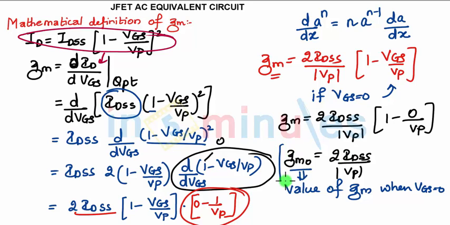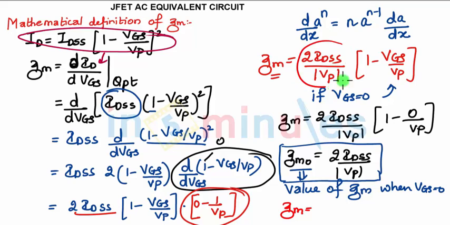So this is nothing but the equation for GMO. Therefore the final equation for GM can be written by replacing 2 IDSS by VP with GMO: GM is equal to GMO times (1 minus VGS by VP). This is how we can find the relation for GM mathematically.